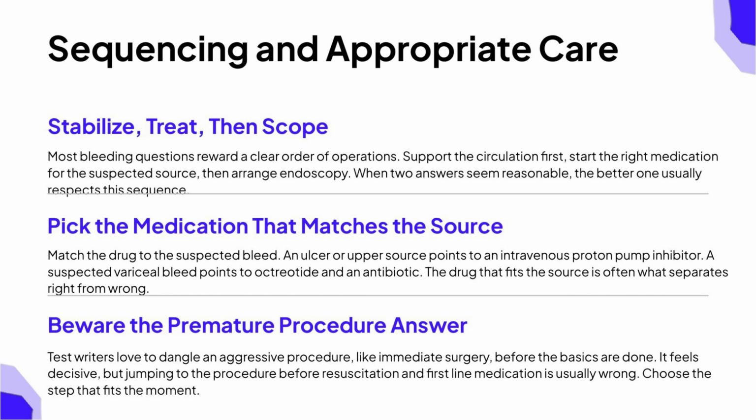Second, match the medication to the source. An ulcer or another upper source points to an intravenous proton pump inhibitor. A suspected variceal bleed points to octreotide together with a preventive antibiotic. Picking the drug that fits the source is frequently the one detail that separates the correct answer from a tempting distractor. Third, beware the premature procedure answer.